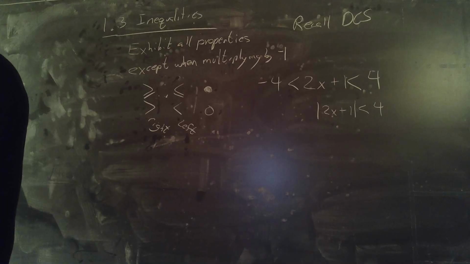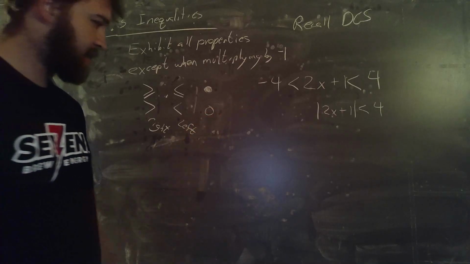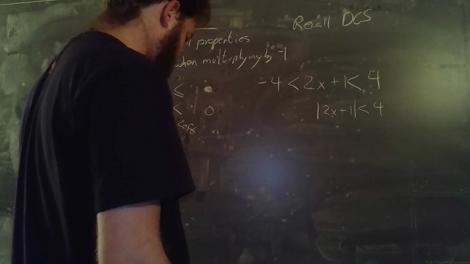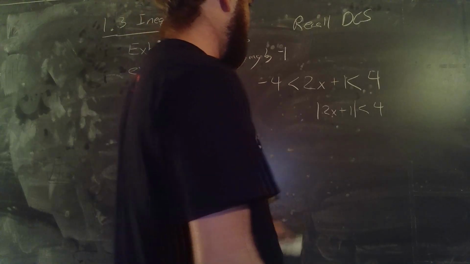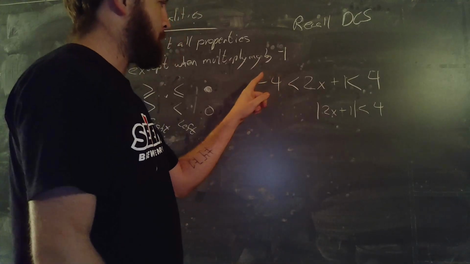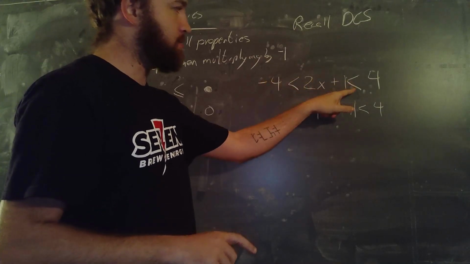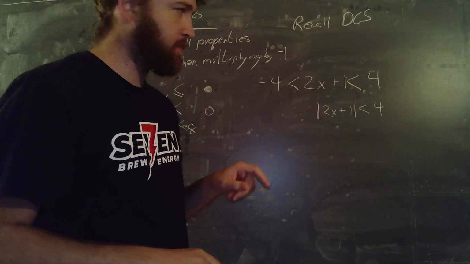Okay, so how do you work with the three-part inequality? Well, notice that this is like saying 2x plus 1 is both bigger than negative 4 and smaller than positive 4.